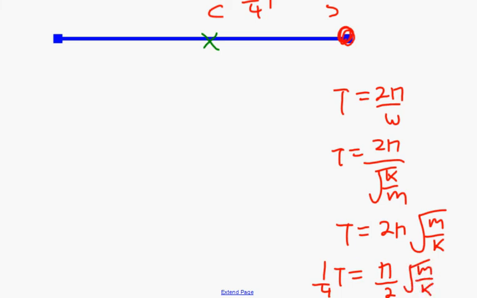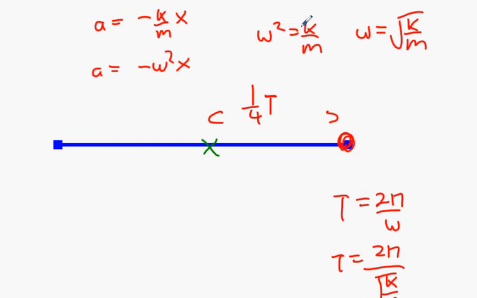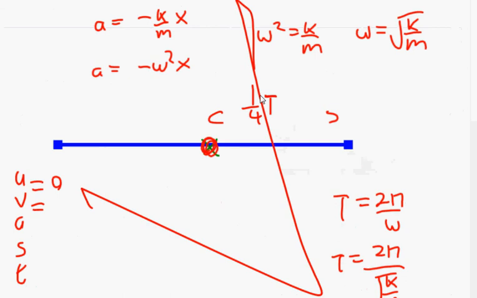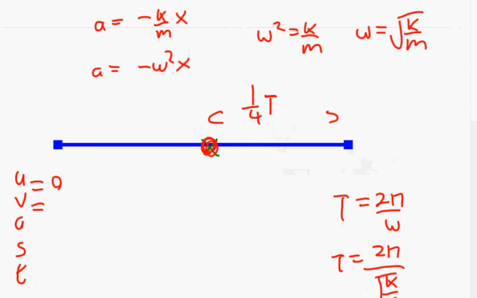The next thing to realize is that when we reach this point here and the string goes slack, what happens here? It now obeys linear motion, SUVAT. The center of your motion is what, guys? The center of your motion is where you have your biggest velocity, your Vmax.